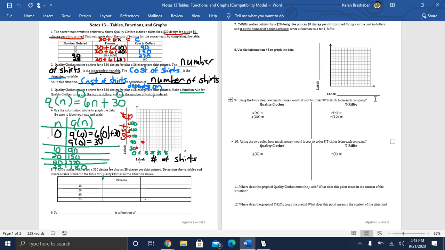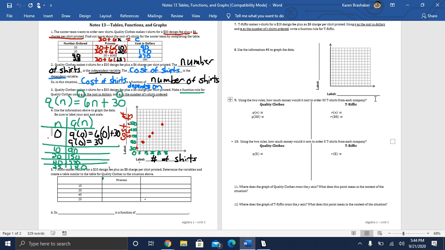Then our cost was $150. When it was 40, so make sure you're on 40, then our cost was $270. And when we had 25, our cost was $180.